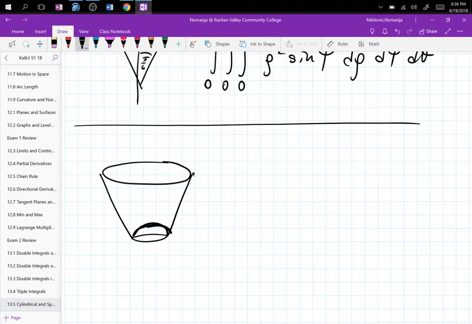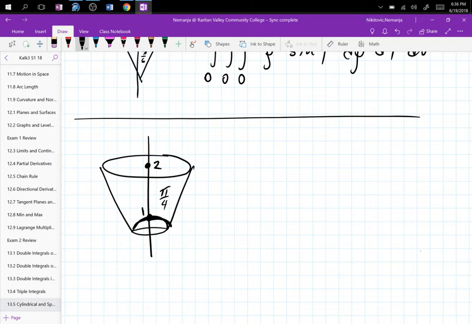What you have over here is we have pi over 4 angle. We have flat plane at 4. They have it at 2 actually. And then you have over here 1.